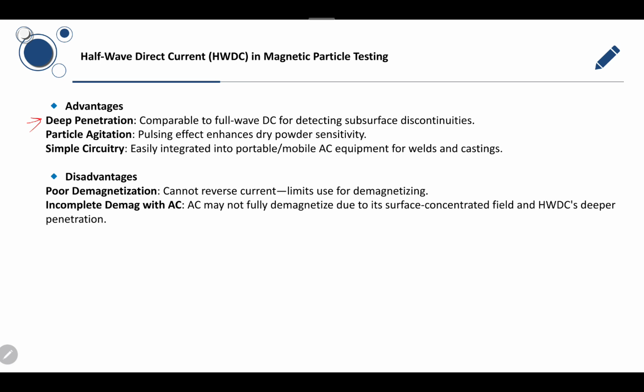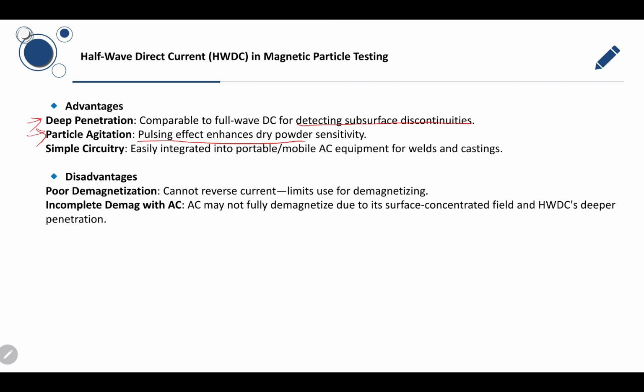Main advantage is deep penetration. Half wave DC offers a deep penetration comparable to full wave DC, making it effective for detecting subsurface discontinuities. This is a significant improvement over AC. Next one is particle agitation. The pulsing effect enhances dry powder sensitivity.